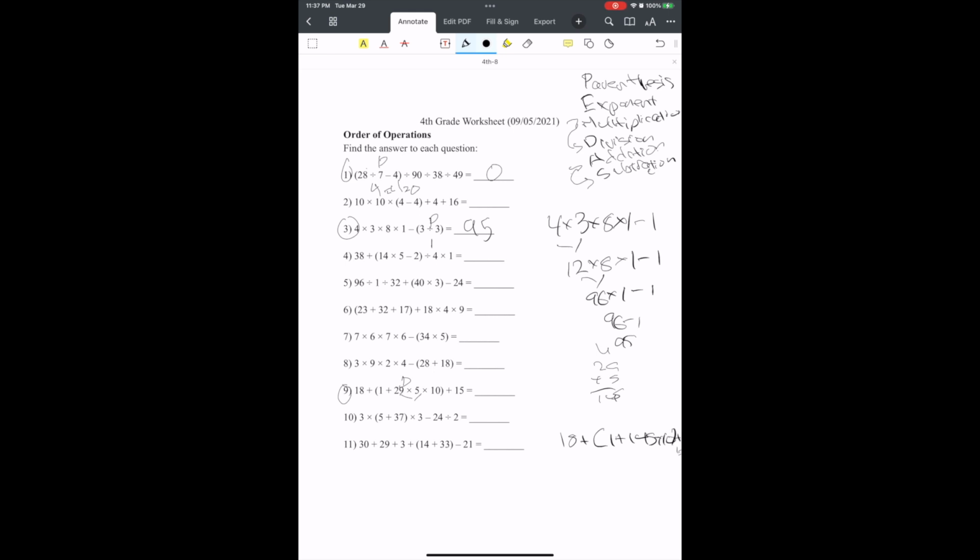So then what you're going to want to do is do 145 times 10. So 145 times 10 is equal to 14,500. Sorry boys and girls, it's actually 1,450.